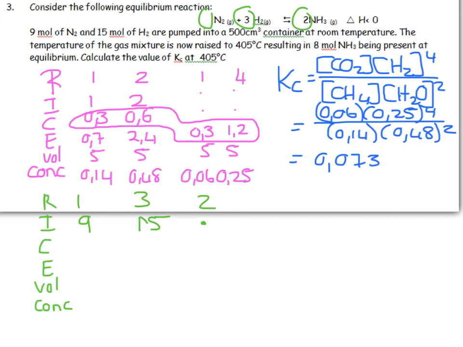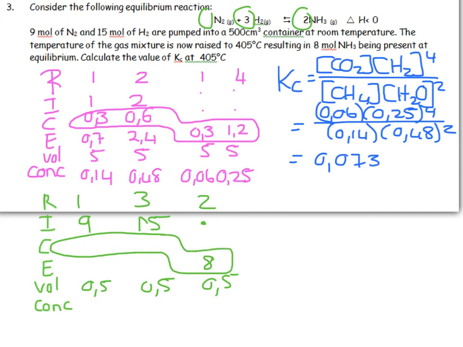It's all in a 500 centimeters cubed, so it's 0.5 decimeter cubed container. The temperature is now raised to 405, resulting in 8 moles of ammonia being present at equilibrium. So at the end I've got 8 moles of ammonia, and they want Kc, so I'm going to link the consumed of the reactants and the equilibrium of the products.